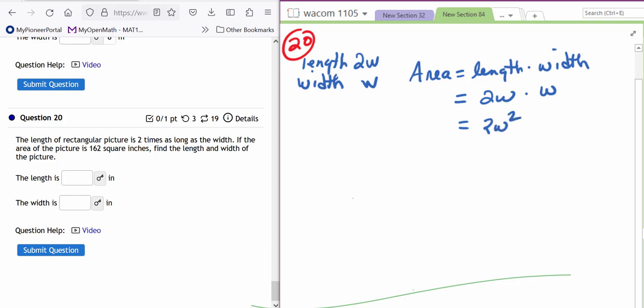And they gave us that it equals 162. So 162 equals 2W squared. With the factoring or the solving that we know right now, you would move the 162 to this side so you get a 0.